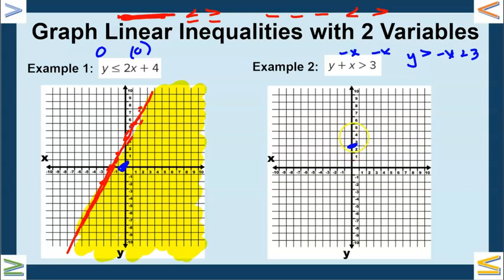I have a slope of negative 1, so down 1 over 1. So the line's going to look something like here. Since it doesn't have the bar underneath, it can't equal that line, so I'm just going to use a dashed line.